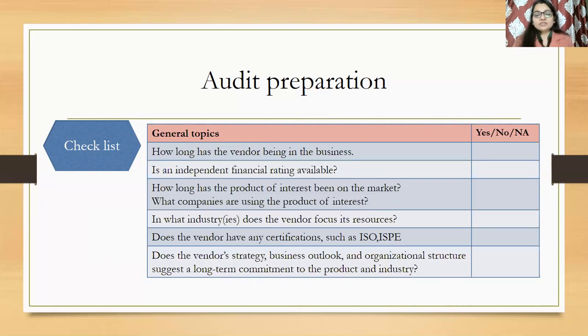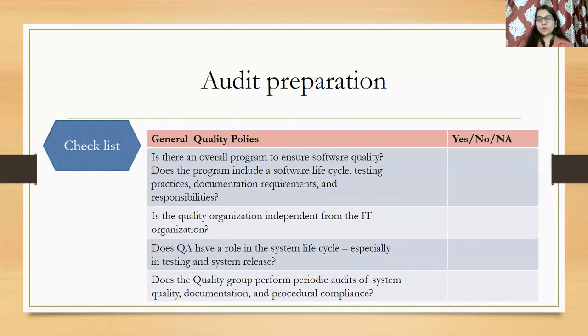Does the vendor have certifications like ISO, ISPE? Does the vendor strategy, business outlook and organization structure suggest a long-term commitment to the product and industry? Guys, here the vendor has to write yes and give the reference, no and give the reason why there is no, and NA and why there is NA. So this type of checklist can be used to assess the vendor or for the audit purpose.